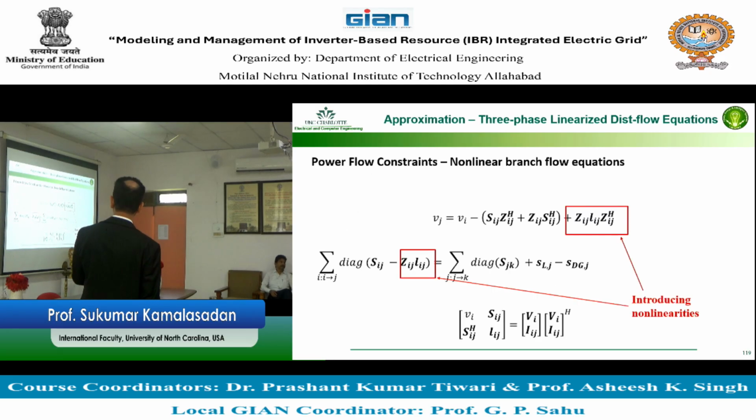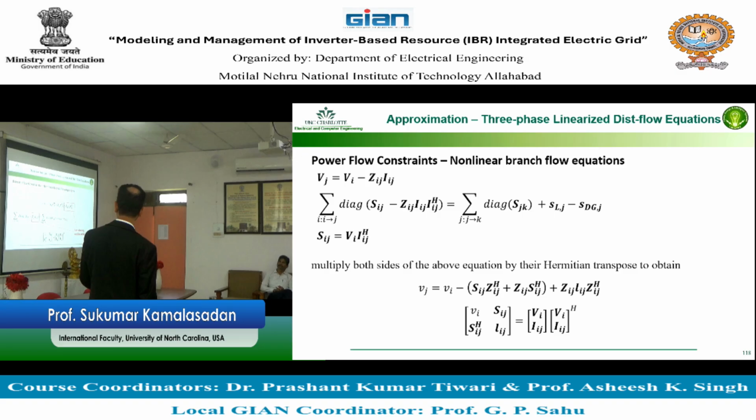So what are the nonlinear parts in the power flow equation? You see this equation when you look at the one in the back right here. What is the nonlinear part in that equation?